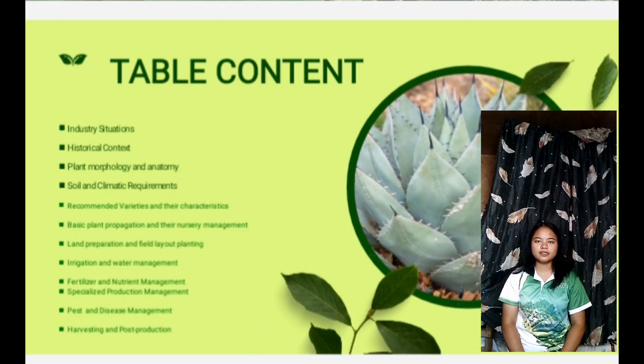The table of contents: industry situation, historical context, plant morphology and anatomy, soil and climatic requirements, recommended varieties and their characteristics, basic plant propagation and nursery management, land preparation and field layout planting, irrigation and water management, fertilizer and nutrient management, specialized production management, then pest and disease management, and last, harvesting and post-production.